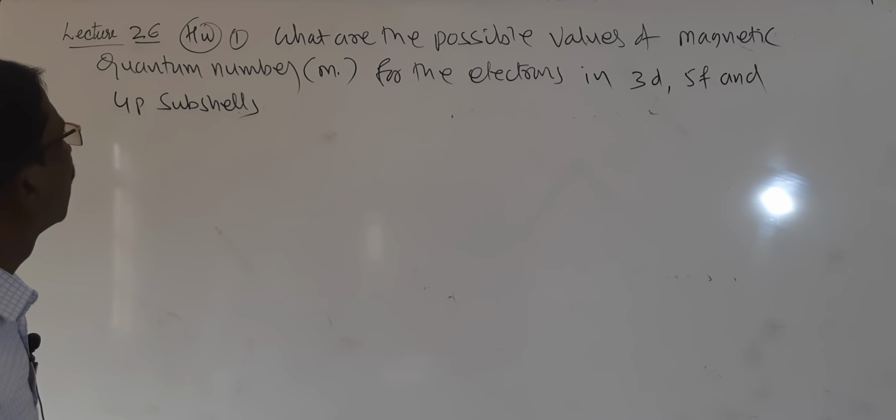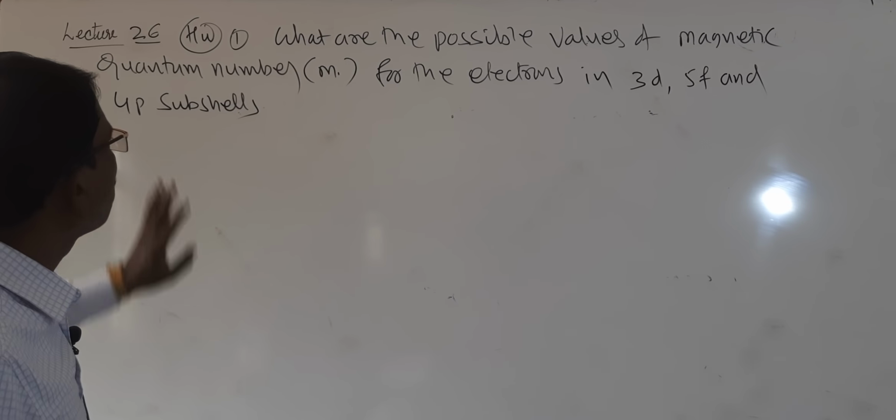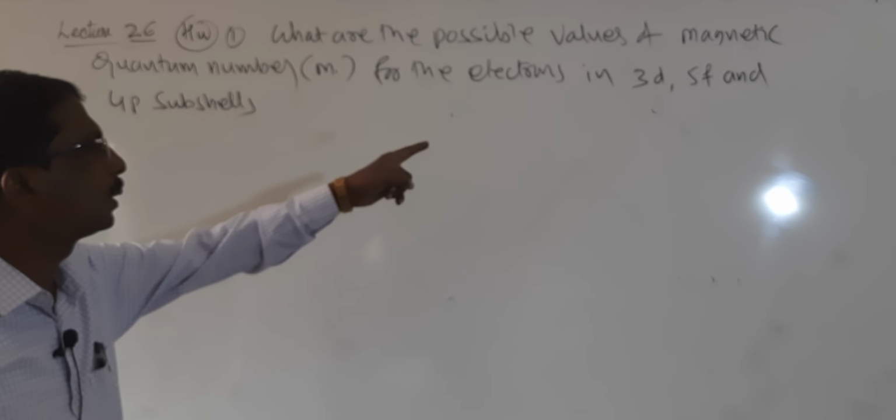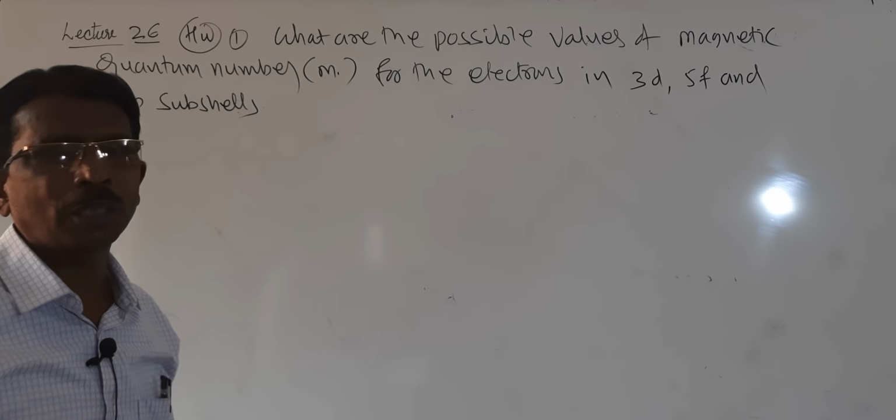Look here students, you have to write the magnetic quantum number. He has given the subshells for the electrons in 3d, 5f and 4p.